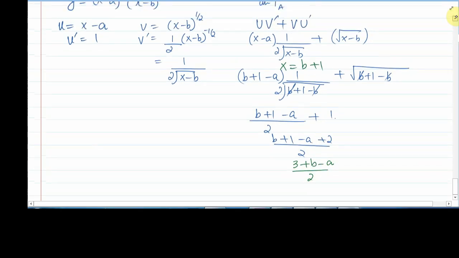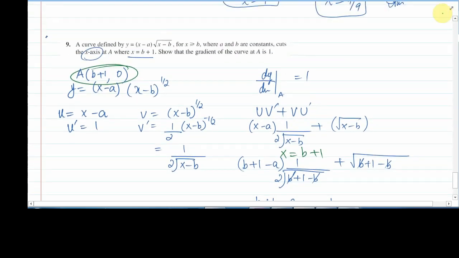It's very simple. In your given question, it says that y equals to (x minus a) under root of (x minus b), right? At point A, we know that the coordinates of A we have is x is b plus 1, that is given, and y is 0 because it cuts the x-axis.